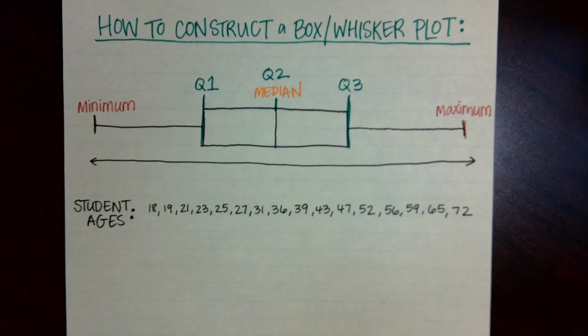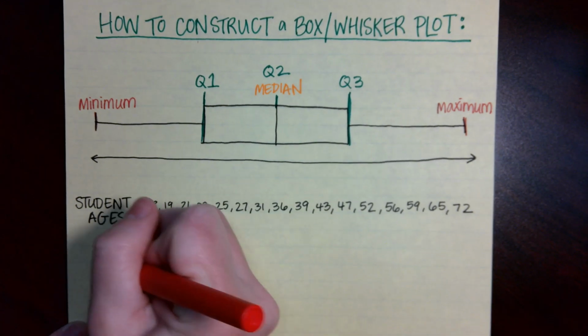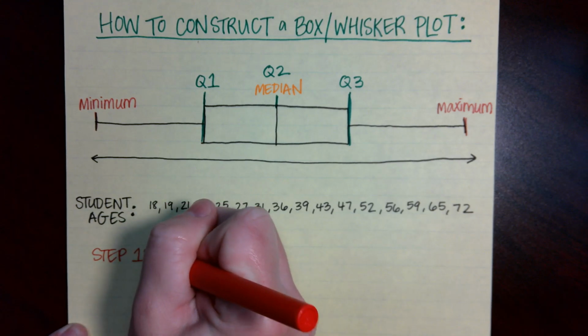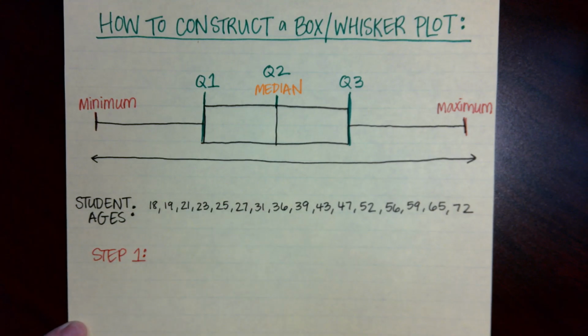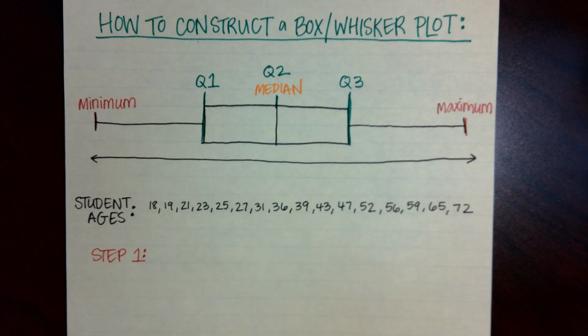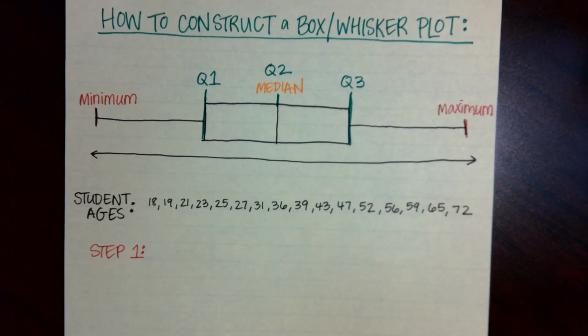All right, so step 1, I'll have you write this as well. We want to identify the minimum and the maximum. Now, actually, back up real quick. Step 1 really is to make sure that your numbers are in order from least to greatest.